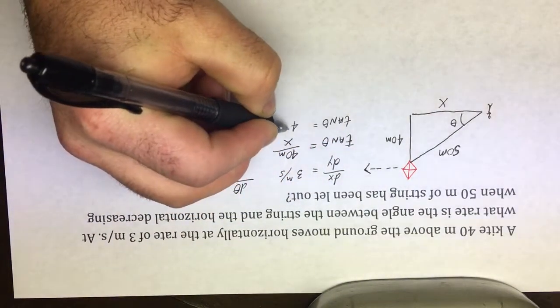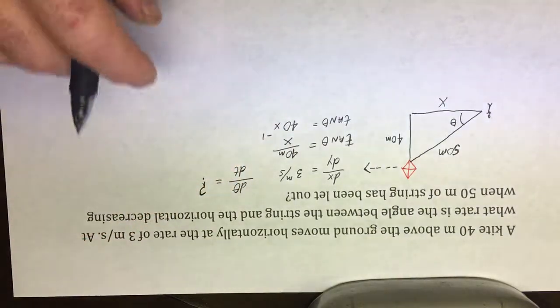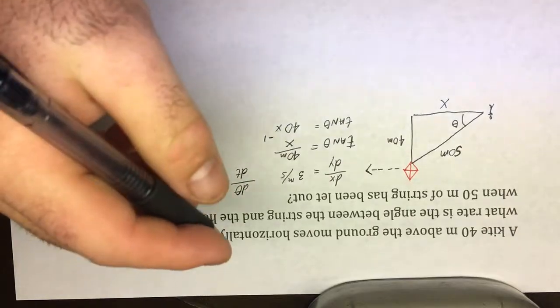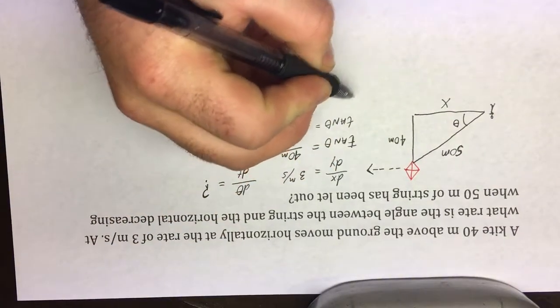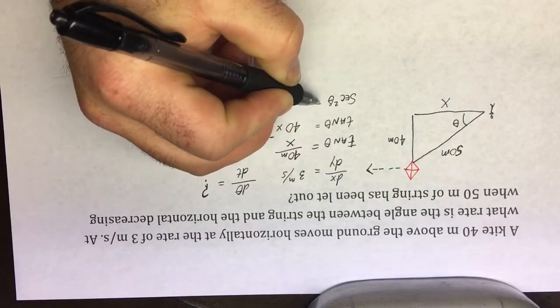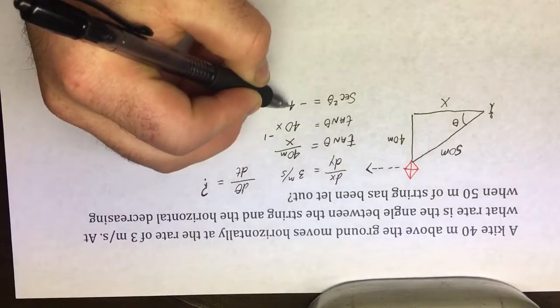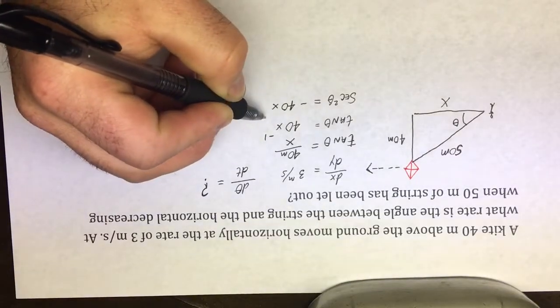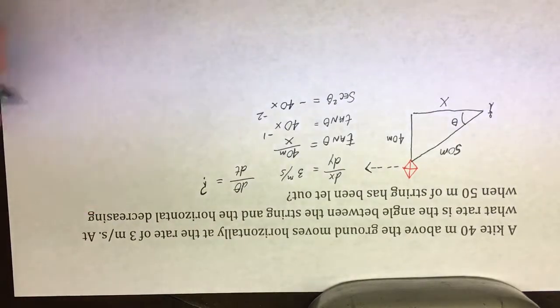I'm going to bring the x up, and that gives us 40x to the negative 1. Now let's take the derivative of this equation. We know the derivative of tangent is secant squared theta. Now we'll use the power rule here. We'll bring the negative 1 down, which gives us negative 40x, and we'll decrease the power by 1, which gives us negative 2.